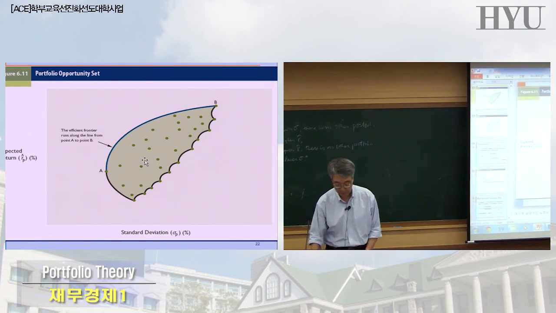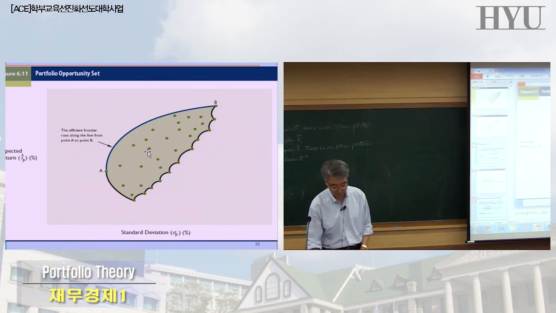There can be many different portfolios, combinations of all kinds of securities, and each portfolio has some level of risk and some level of return. Only those portfolios on this frontier connecting point A and point B, this curve right here, that's the frontier for efficient portfolios.